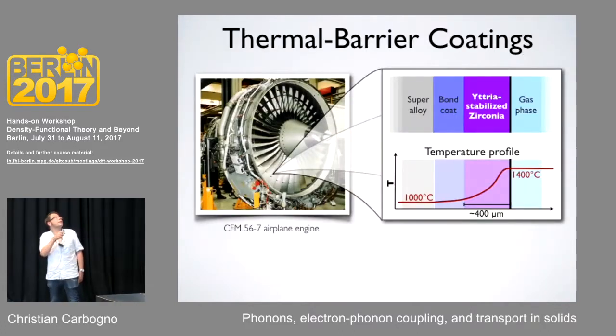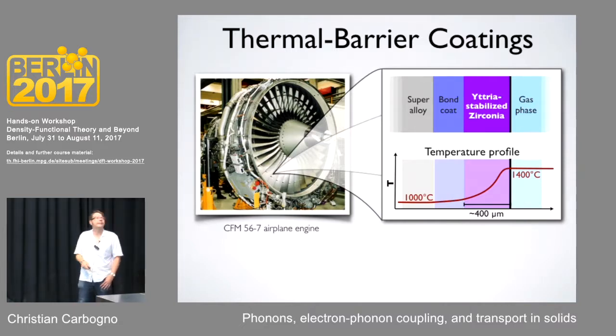On the other hand, I'll bring you the example of another material where the problem is just the other way around. These are so-called thermal barrier coatings, typically based on zirconia polymorphs doped with something, mostly yttrium. And this is a material that has a very, very low thermal conductivity. We'll see it's a very anharmonic material. And for that, it's used as a small coating, something like 500 micrometers, on top of the superalloys used in gas and combustion turbines like that.